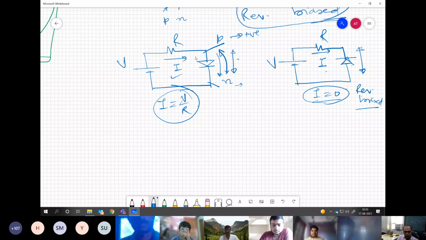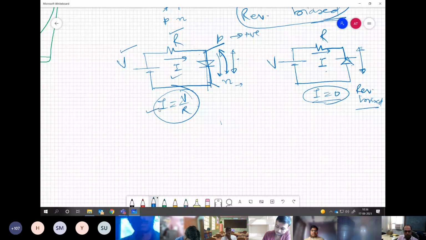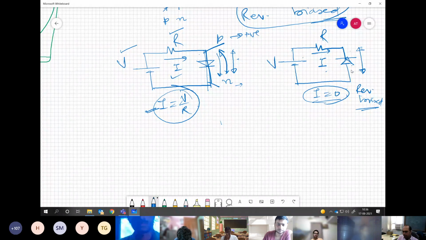So here, when we say this is conducting, we assume that once conducting, it is like a dead short circuit. There is nothing across it, so the circuit contains only the voltage and the resistance, and the current is dictated by these two parameters only. Whereas in the second circuit, when the diode is reverse biased, it is not allowing the voltage to cross its barrier.